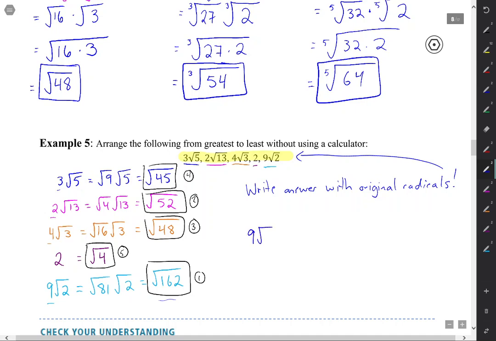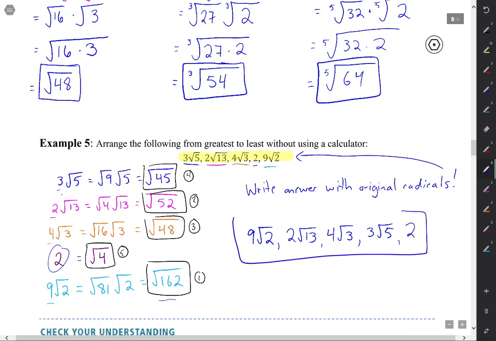So I'm going to put that first, 9 root 2. Then the second one would be this 2 root 13. Then next we would have the 4 root 3 right underneath it. And fourth we have 3 root 5 at the top here. And then finally we would just have that 2 at the very end. So here's the final answer for this question.